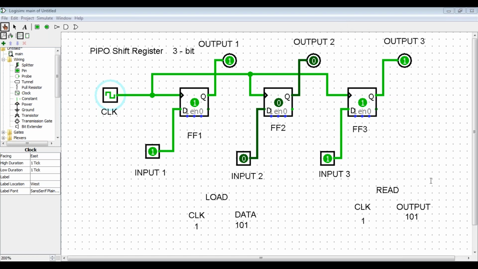So this is the concept of parallel input parallel output using Logisim software.